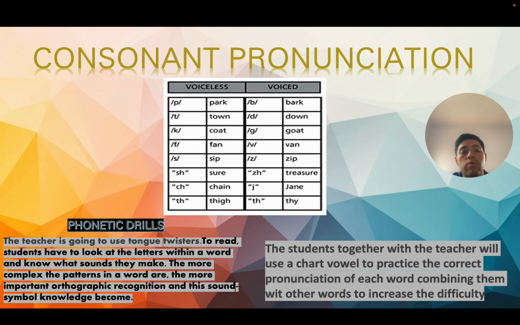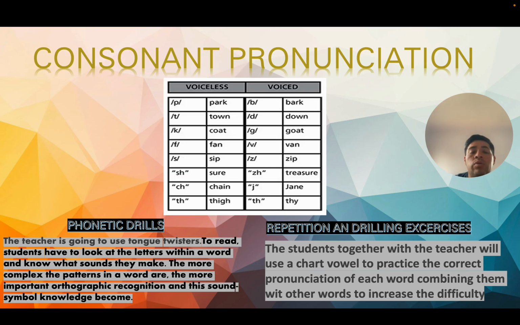So the more complex the pattern is in a word, the more important orthographic recognition and sound-symbol knowledge are going to become. It means if we mix more words in a phrase or in a sentence, we're going to realize what the correct pronunciation is in these words.